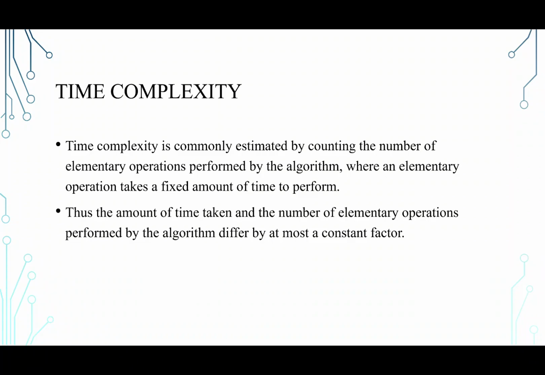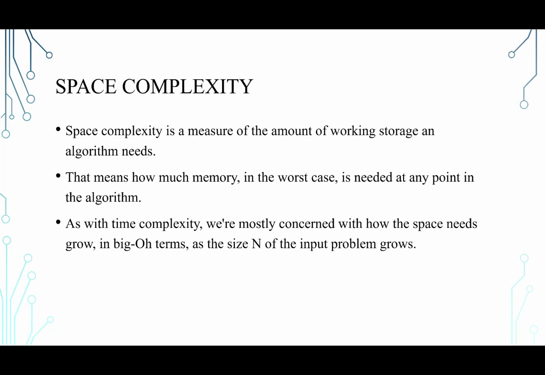By what the CPU is executing. And usually those take a fixed amount of time to perform. Thus, the amount of time taken and the number of elementary operations performed by the algorithm differ from one machine to another, or from one algorithm to another, by a constant factor.